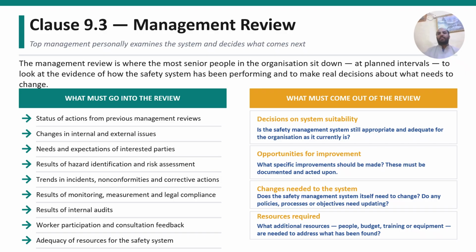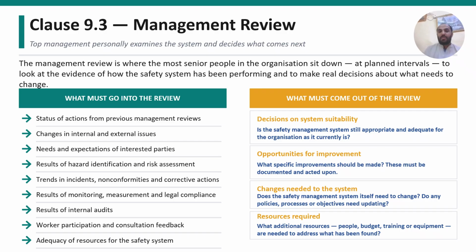It must look at the results of hazard identification and risk assessment. Are new hazards emerging? Are existing risks being adequately controlled? It must review trends in incidents, non-conformities, and corrective action. What patterns are visible? What is getting better? What is getting worse?